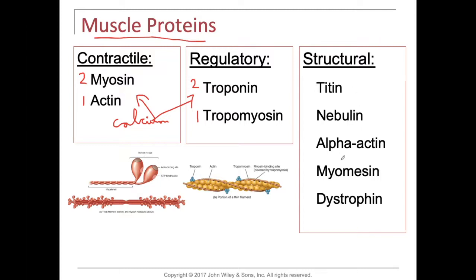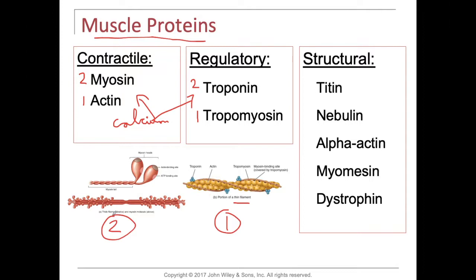These are more involved in the alignment, the elasticity, and the stabilization of the muscles. Now, down below, on the right-hand side in B, we have the thin filament. This is actin. And off to the left is the thicker filament, number 2, which is myosin.